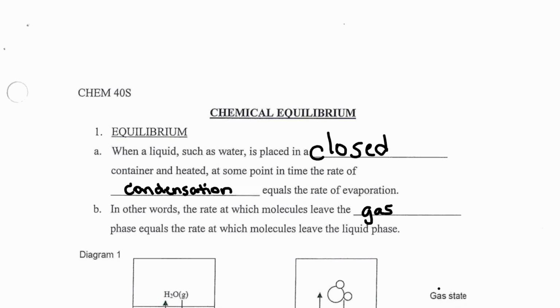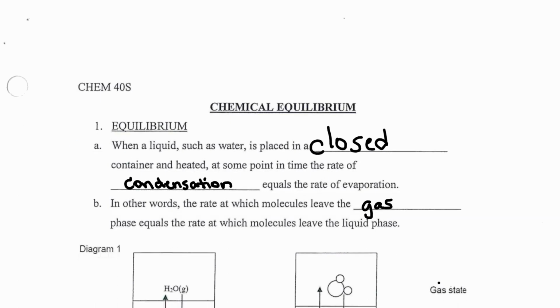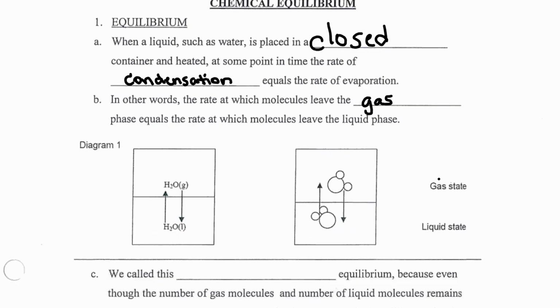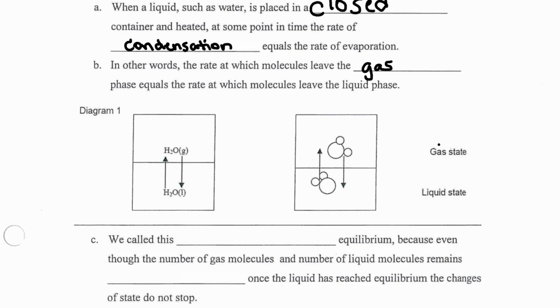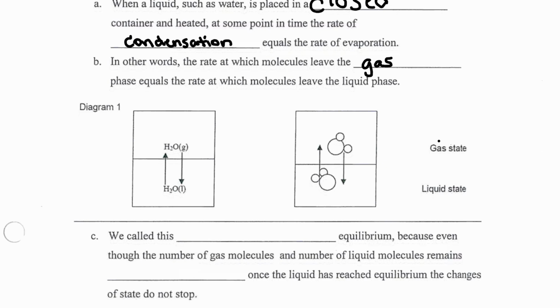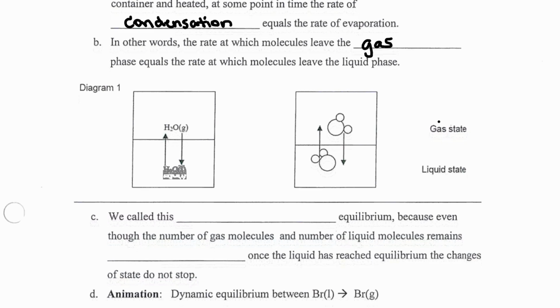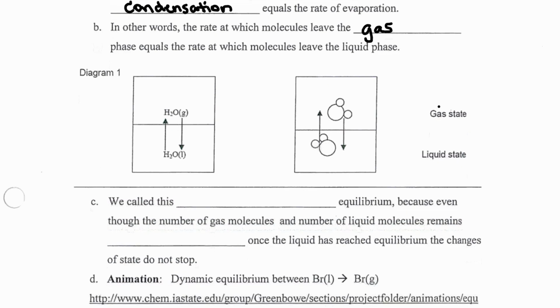So let's just look at these diagrams underneath. And I've included on the Edmodo post a link to a video that shows the dynamic equilibrium of water, and it uses an example of a wet towel.